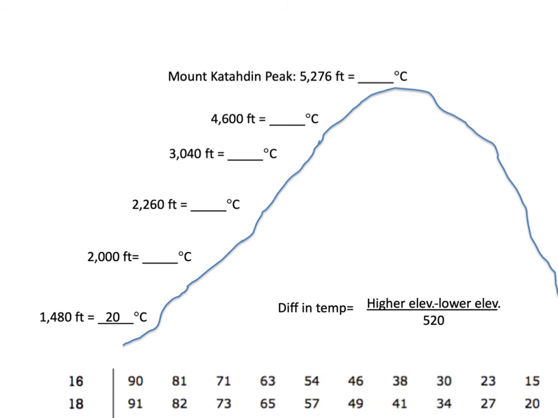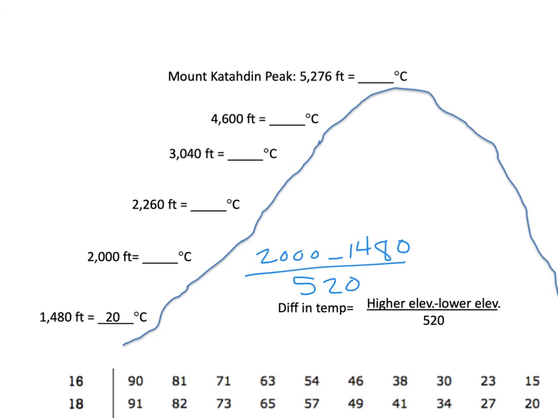Okay, for the last one, adiabatic cooling, pay attention to the formula over here. So for this first one, we take 2,000 minus 1,480 divided by 520. We're doing 520 and not 100 this time because our units are in feet, not meters.